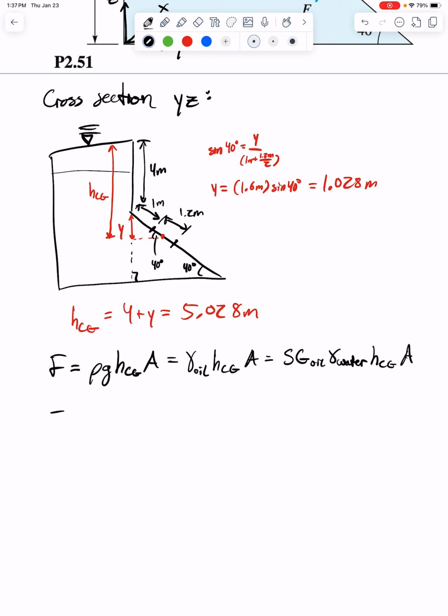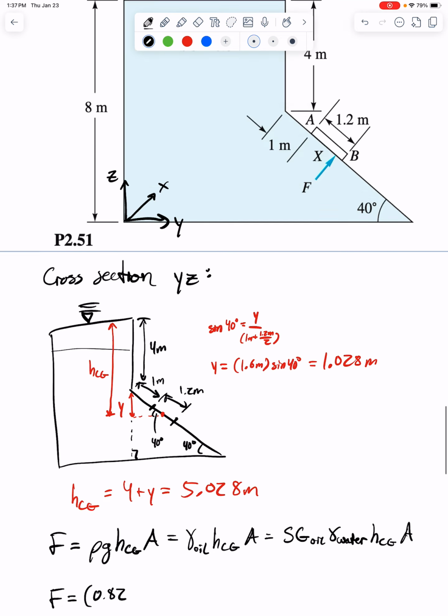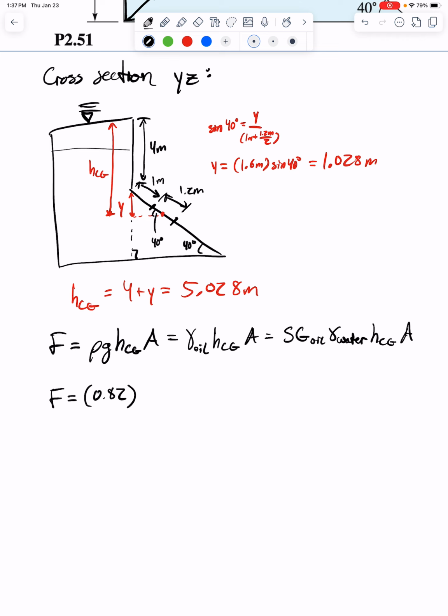So, solving for the force, plug in the values. I have 0.82 for specific gravity, multiplied by 9,790 newtons per cubic meter for the specific weight of the water, multiplied by 5.028 meters for the height of the fluid column sitting above the centroid, multiplied by the cross-sectional area, which is 1.2 meters multiplied by 0.8 meters.